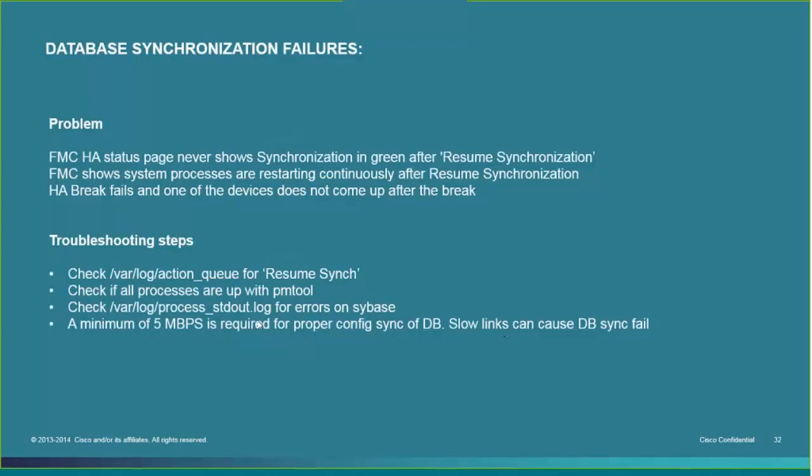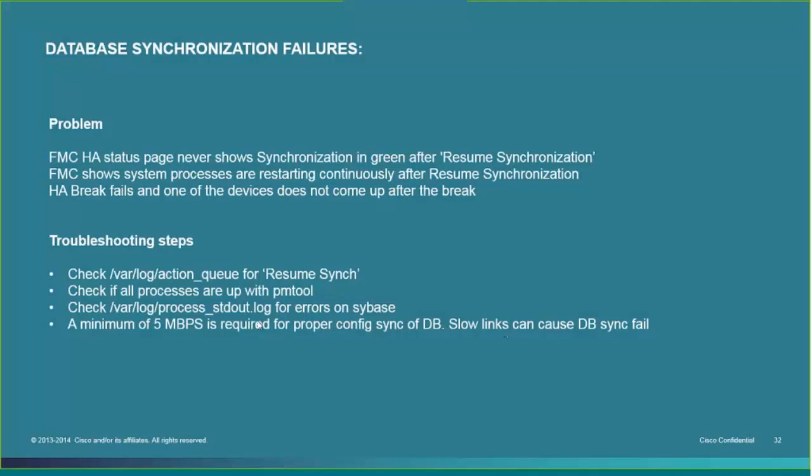There are two different databases on each FMC, and there is a process running to make sure that there's healthy communication between MySQL and Sybase, as well as a lot of processes responsible for communication between the two FMCs themselves. So any one of these could cause issues with database synchronization not happening.